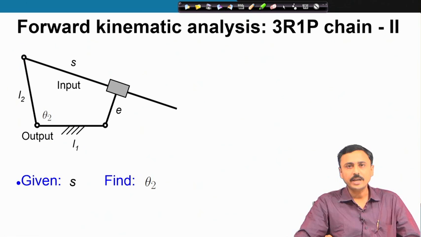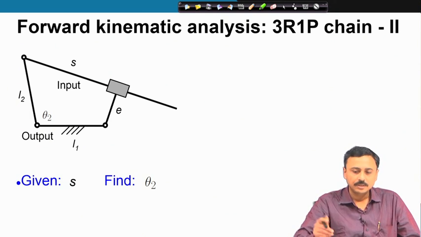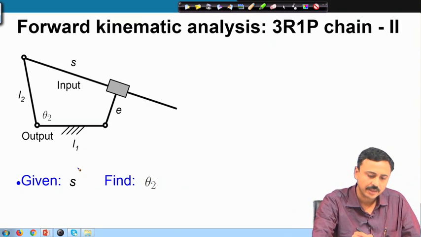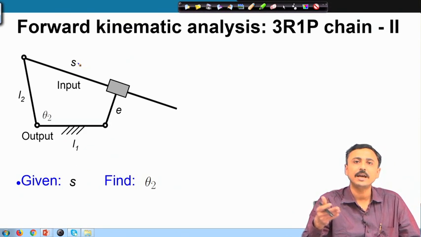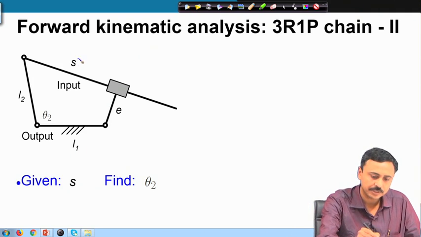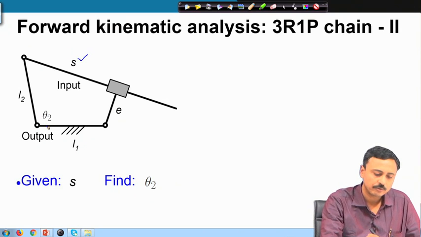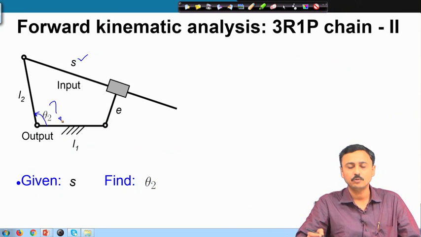First we will discuss the forward kinematics problem. In this problem, the input is usually, as you have seen, the hydraulic actuator. So, S is given, which is the input, and we have to find out this angle theta 2 which is the output.